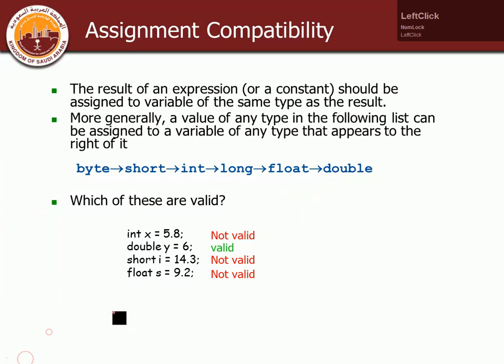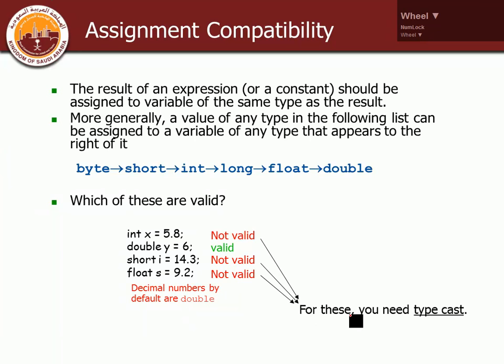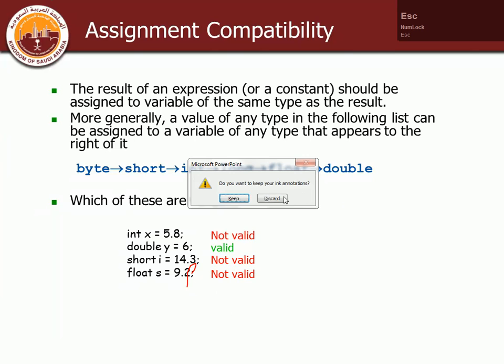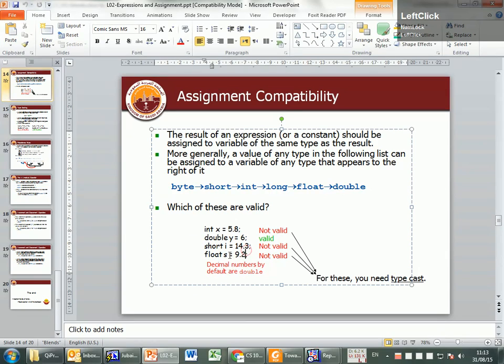But how can I represent a decimal value with a float? If you'd like this to be valid, how to do this? Okay, let me show you something.